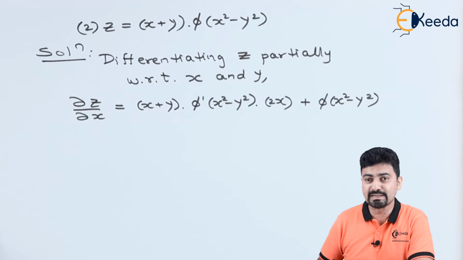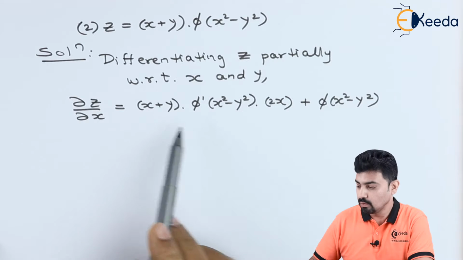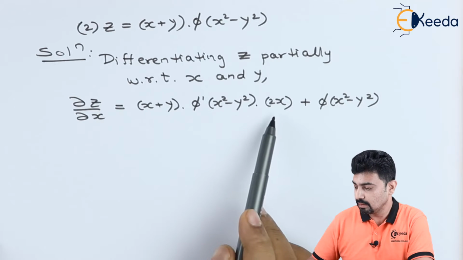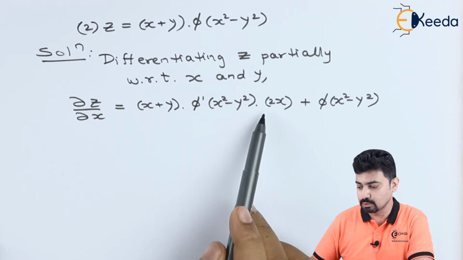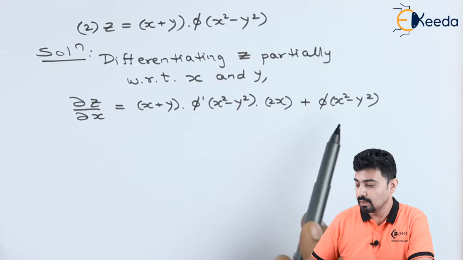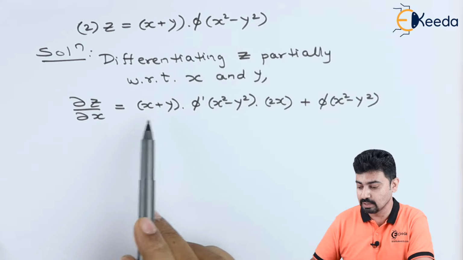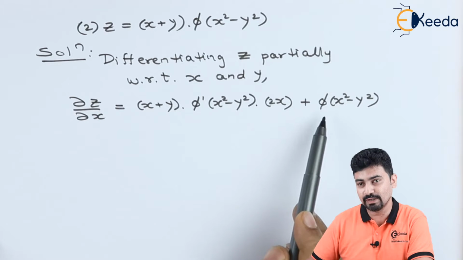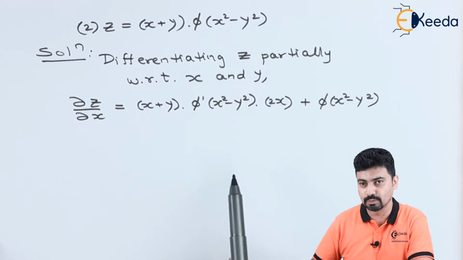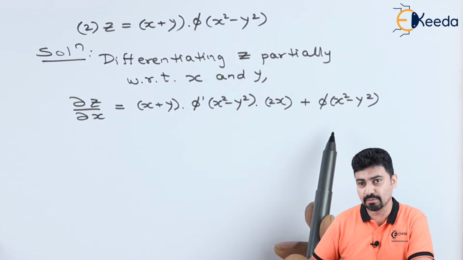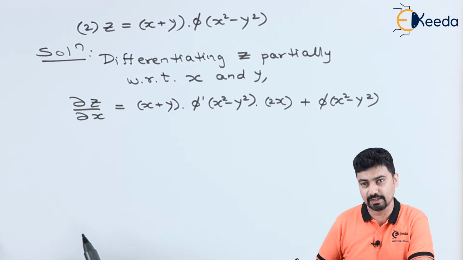Here we have differentiated z partially with respect to x. If you see, we have used the u into v formula of derivatives. So u into derivative of v, which is derivative of phi of x square minus y square, plus v into derivative of u, where derivative of x plus y partially with respect to x will be 1. So only phi of x square minus y square. Transferring phi of x square minus y square to the left hand side, we will get this.